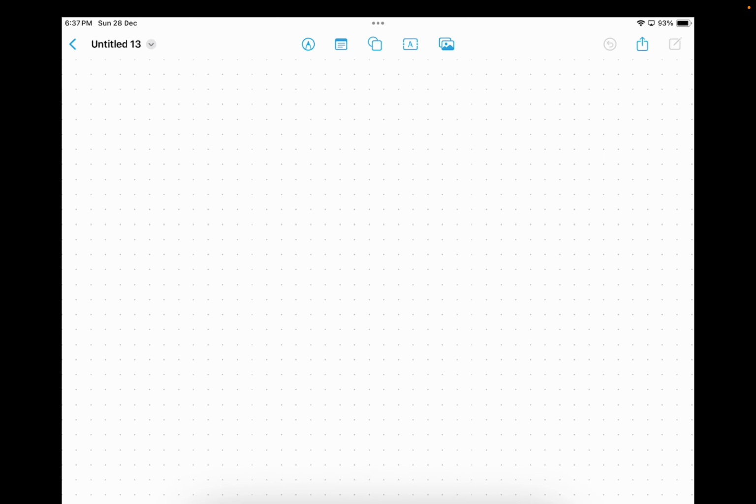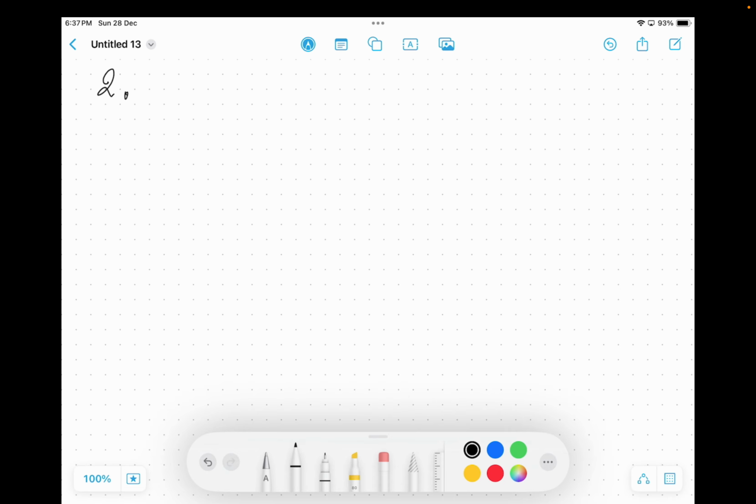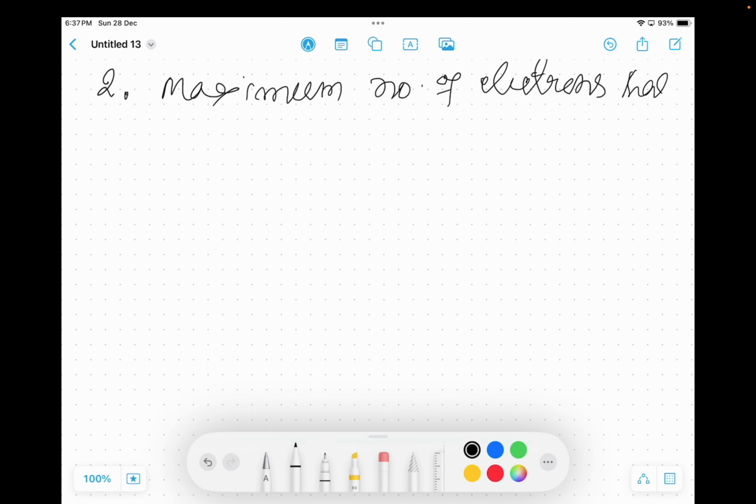Now, next point, number 2: we should memorize the maximum number of electrons that can be filled in a subcell.